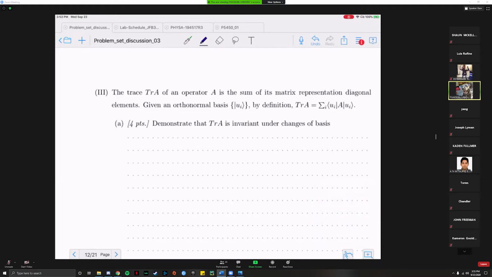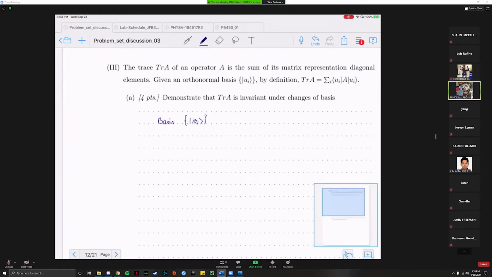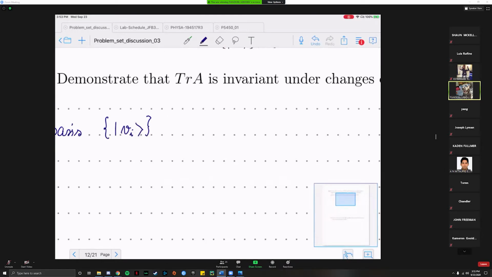So let's say we have another basis that we are going to call, I have a hard time writing very small on the tablet, so I need to zoom in. So we can call this new basis V sub i. Okay. And since it is a basis, we know that the sum over i of the ket V sub i times the bra V sub i is equal to the identity.